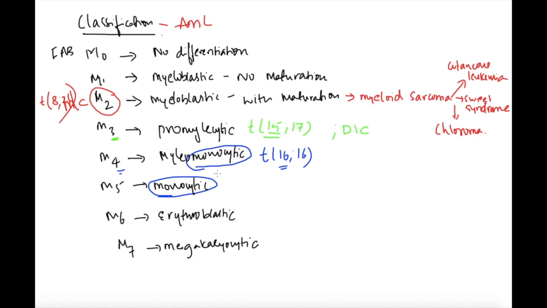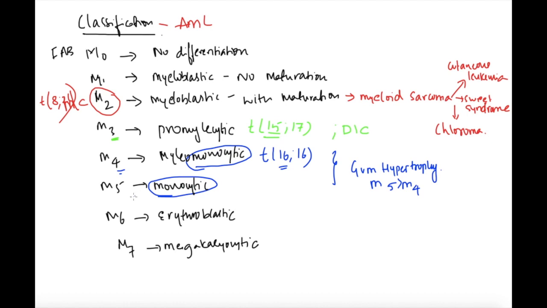So these two are characterized by gum hypertrophy, but it is more with M5 type compared to M4, because M5 is purely monocytic.